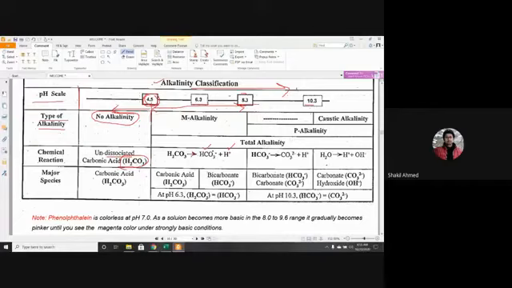This is the chemical reaction we are observing from 4.5 to 8.3, in this range.